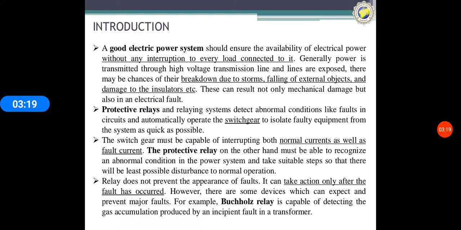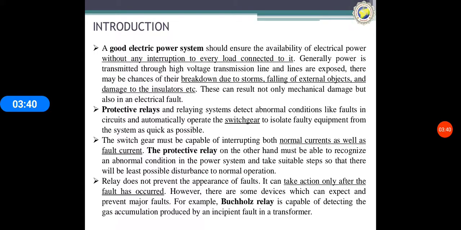There may be chances of breakdown due to storms, falling of external objects and damage to the insulators. This can result not only in mechanical damage but also in electrical faults.